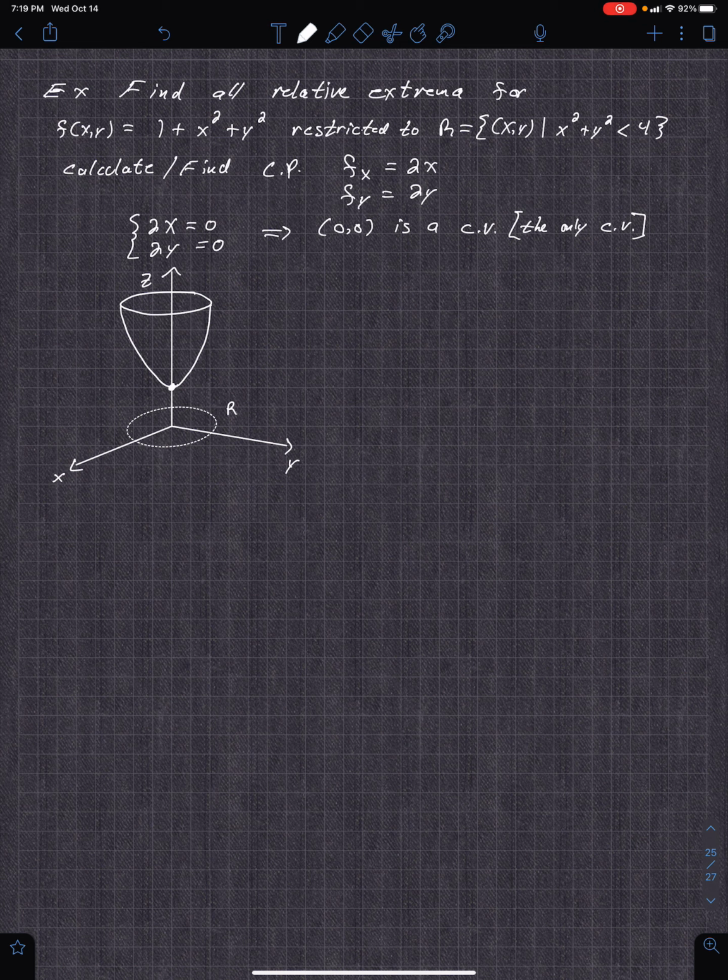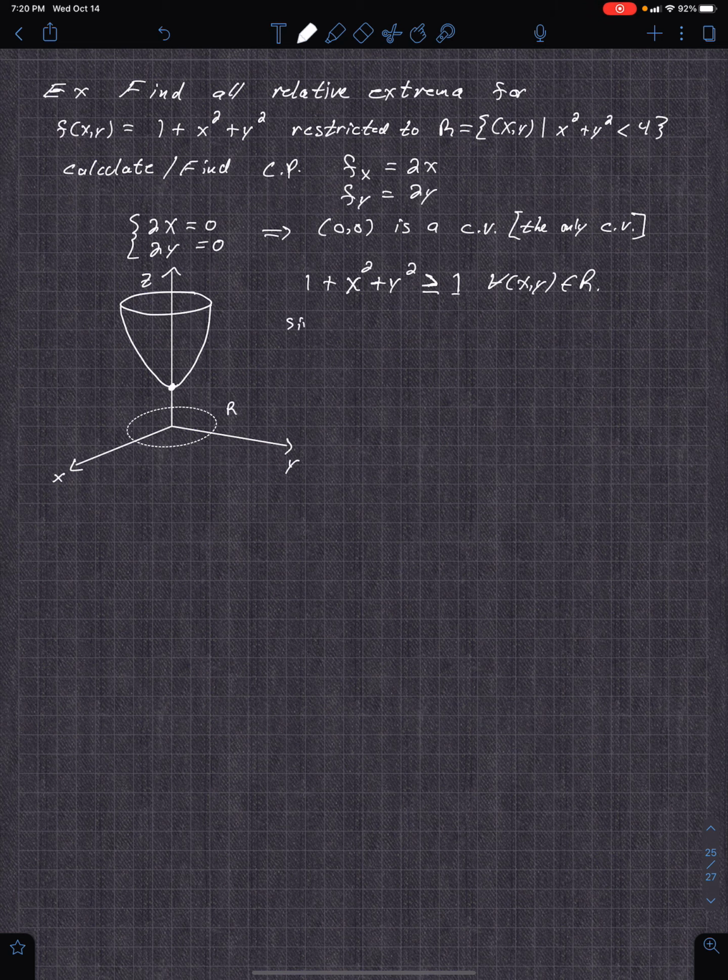All right. So basically, we argue that 1 plus x squared plus y squared is greater than or equal to 1 for all x, y in R. Because this is positive, this is positive, this is 1, so it's always a positive number, greater than or equal to 1, because you're adding positive values.